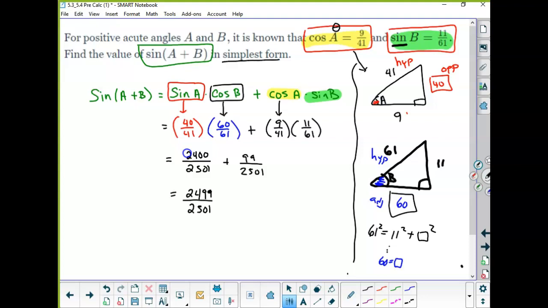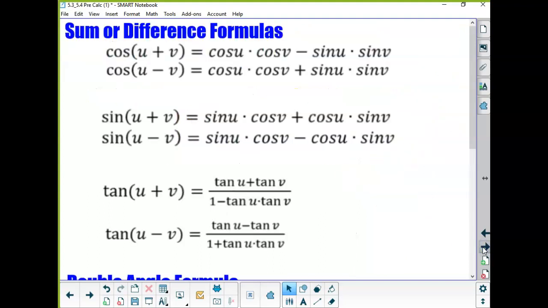So what you got to do then is check to see, can that be reduced? And hopefully you know how to do that on your calculator. If it can't be reduced, then you're done. So nothing super crazy there, other than you got to have that formula sheet available and know how to find the missing pieces. Okay, I'm going to show you one more.